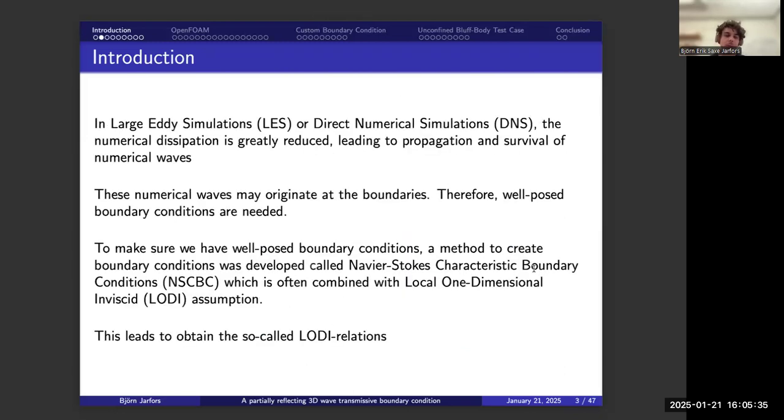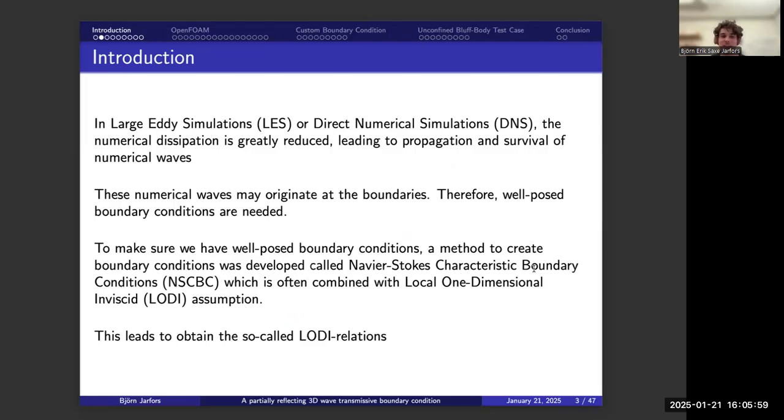So in these cases, if we do not properly define the boundary condition, we will instead get, for example, numerical artifacts. And what we are all aiming for is to have high fidelity simulations, with as little numerical dissipation as possible.